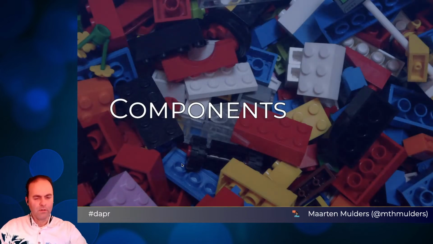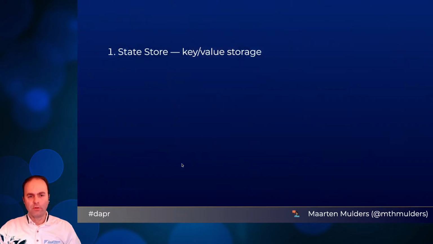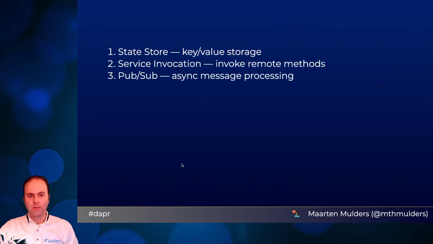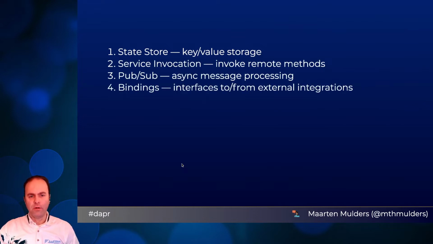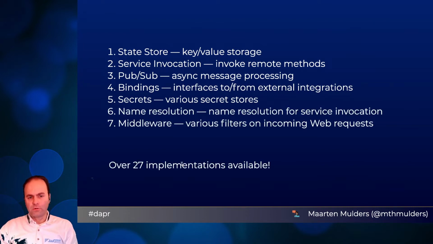So, what else do we have inside Dapr? What other components can we use? Well, we already saw the state store. There's service invocation, pub/sub, bindings, secrets, naming resolution, and middleware. And they are actually adding new components as we speak, which are not yet in the list because they are not yet finalized.